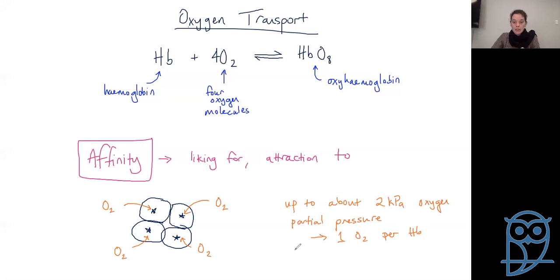At higher partial pressures, you get a steeper increase because we've got this distortion going on. This is what leads to our S shape for our saturation curve for hemoglobin, which we're going to look at just now. We're going to draw the curve and look at it in a bit more detail.